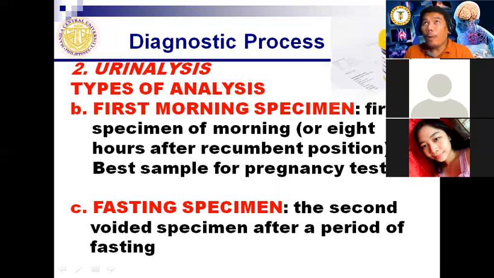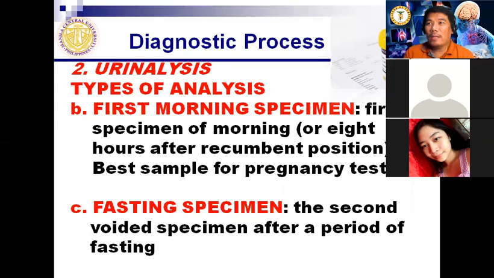Now, we have what we call the first morning specimen. From the term itself, first morning specimen, it's the first void at the time of the day. And very obviously, it's in the morning. The first void could be the best test for pregnancy. Okay? The best sample for pregnancy test.